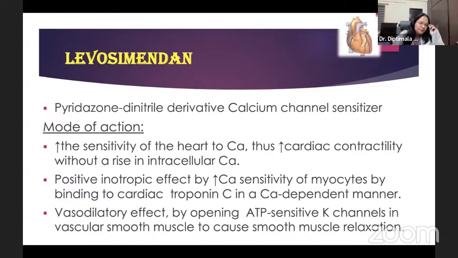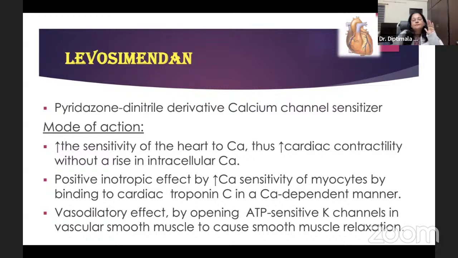Now we talk of levosimendan. This is a pyridazone dinitrile derivative calcium sensitizer. It increases the sensitivity of the heart to calcium, thus increases the cardiac contractility without a rise in intracellular calcium.